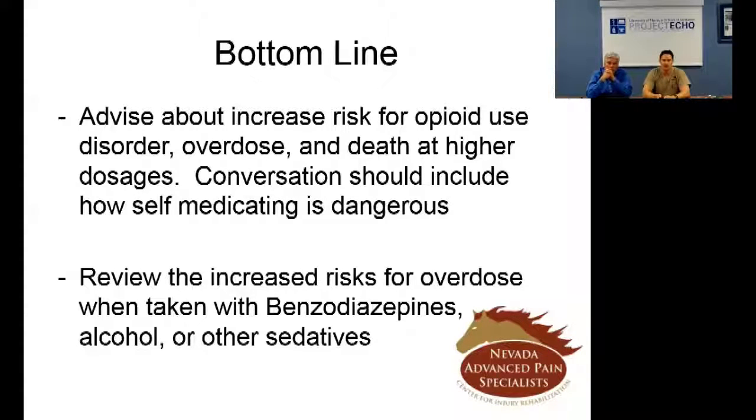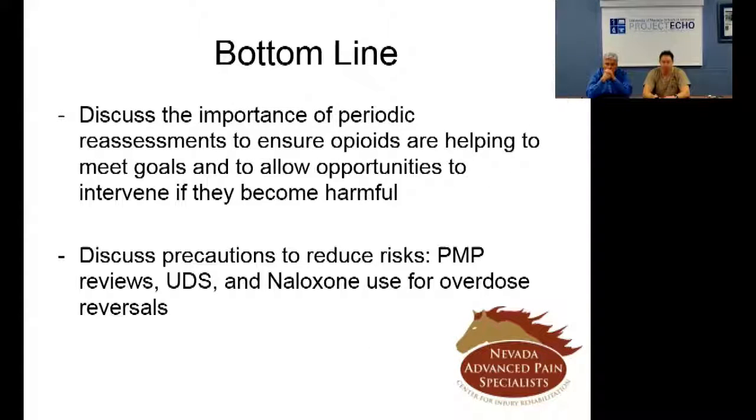They also want you to discuss the increased risk of overdose when taken with benzodiazepines, alcohol, or other sedatives. They also want you to discuss with the patient that periodic reassessments are done to ensure that the opiates are helping to meet goals. And this also allows opportunities for you to intervene if they become harmful.